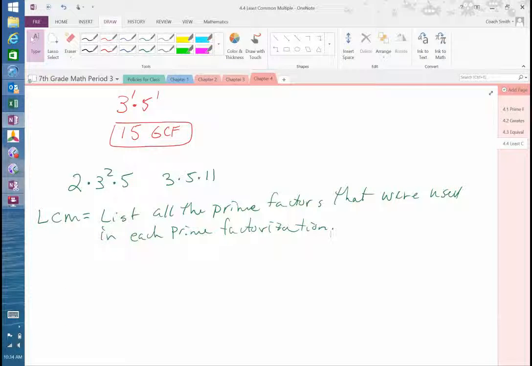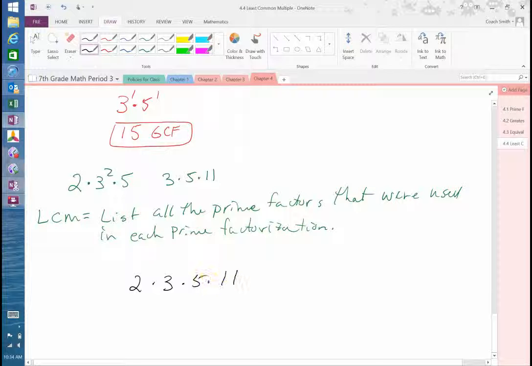Okay, so the prime numbers that were used in the prime factorization are 2, 3, 5, and 11. Now, I have 2 to the first and no 2, so I use 2 to the first. I have 3 to the second, 3 to the first, so I use 3 to the second. I have 5 to the first, 5 to the first, so I use 5 to the first. I have 11 to the first, no 11, so I use 11 to the first.